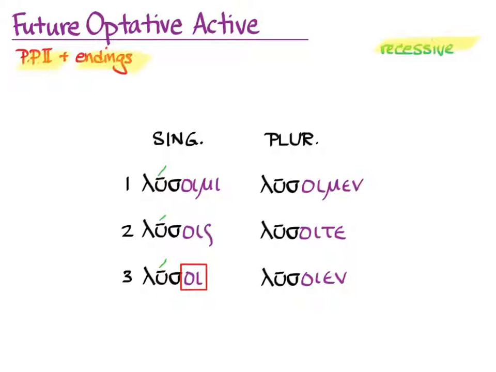And then in the plural, we'll have lusoimen, lusoite, lusoien. I don't have a situation in which to translate this yet, and because it's the optative and there are too many things it can do, I won't give you a default translation.